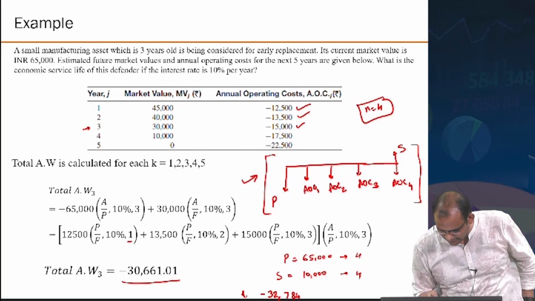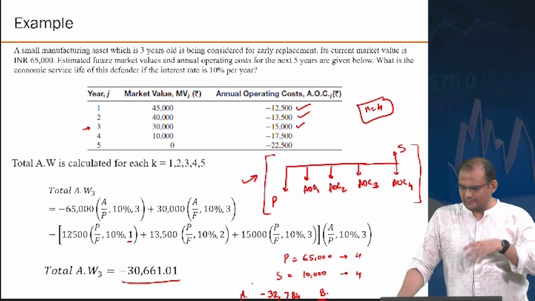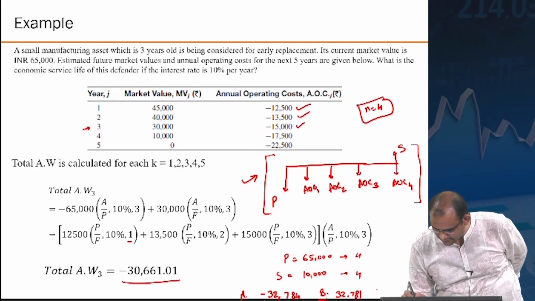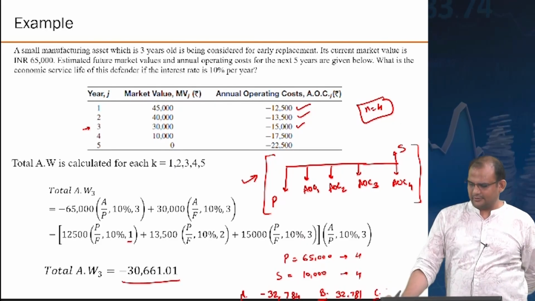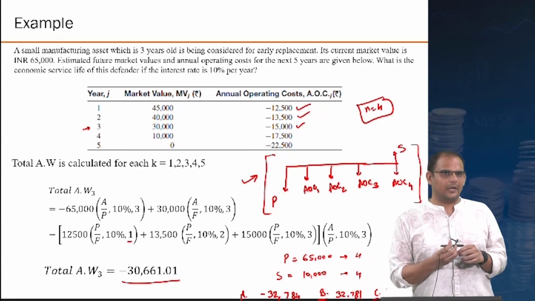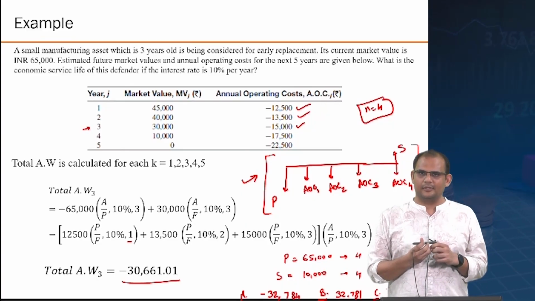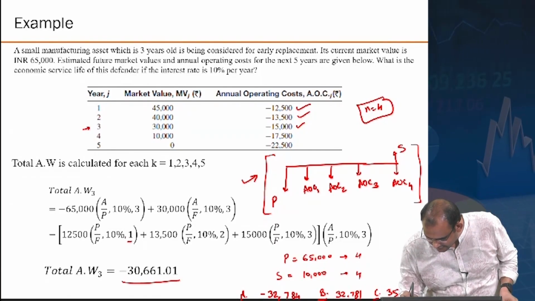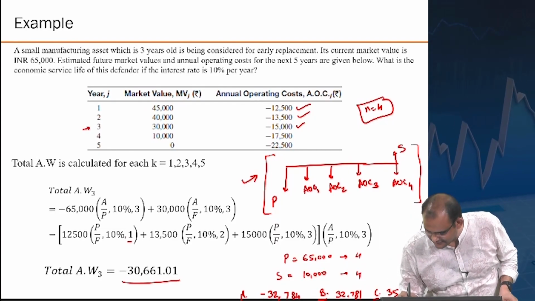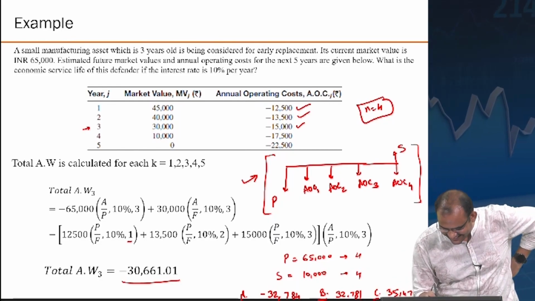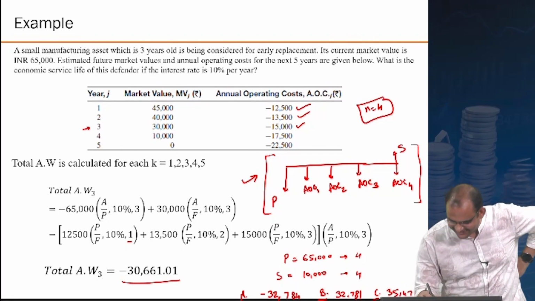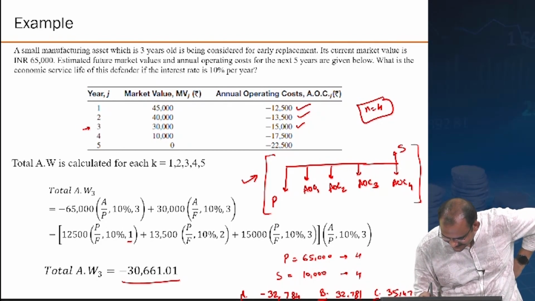this is your option 1. 32,781. Okay. Anyone in the 33 range? 35,476. Option D. 32,676.